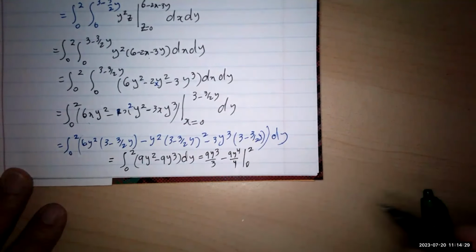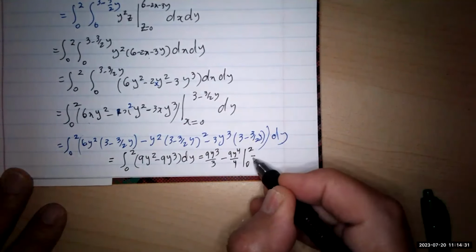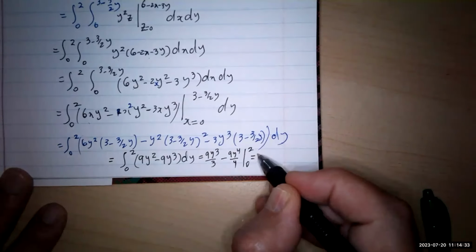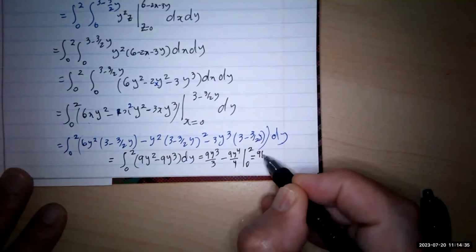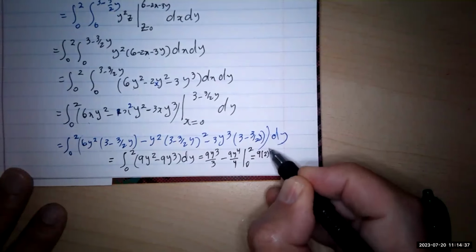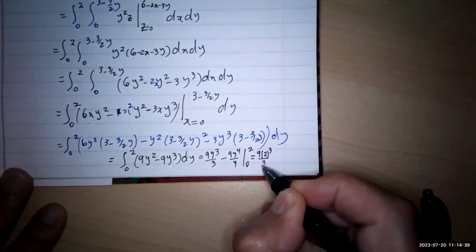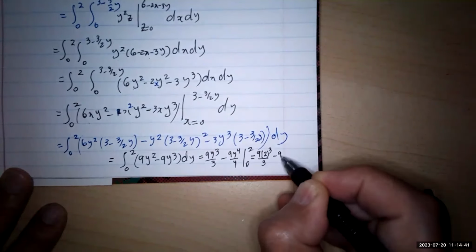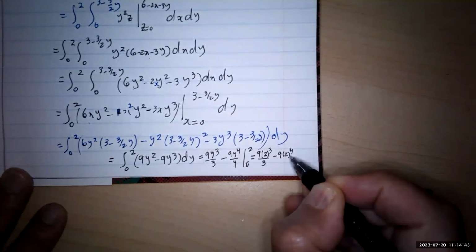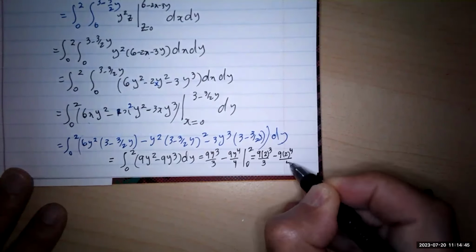If you put the 0, we get nothing. So it's going to be 9 times 2 cubed over 3, and this is going to be minus 9 times 2 to the 4th over 4.